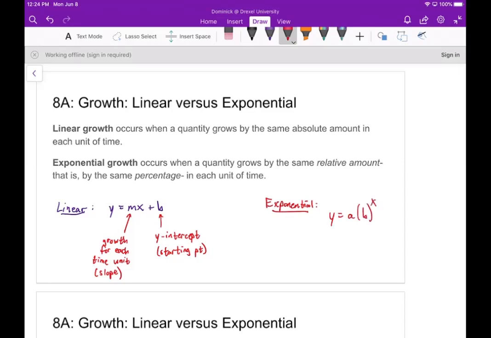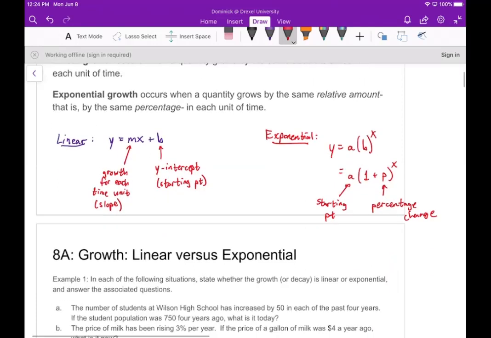So you have something like a times b to the x power, and a lot of times we'll even write this as a times 1 plus p to the x, where p is the percentage change. And here a would be some sort of a starting point. All right, so that's sort of the difference between linear growth and exponential growth.